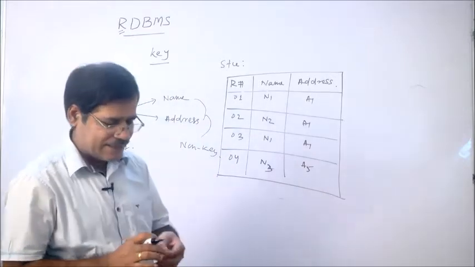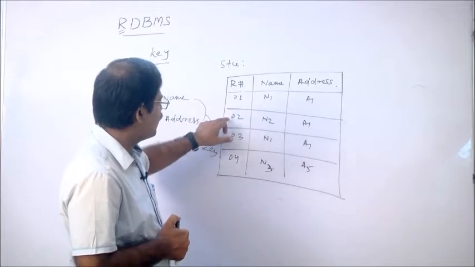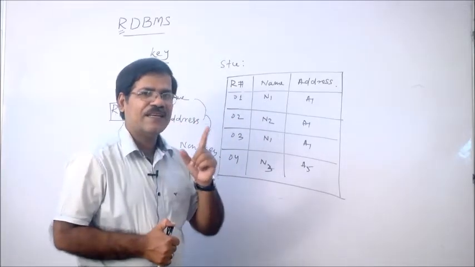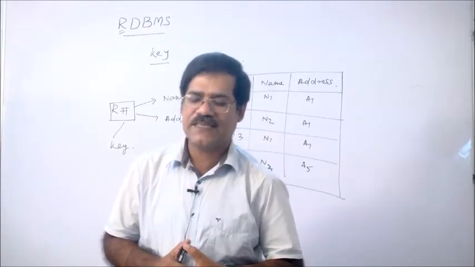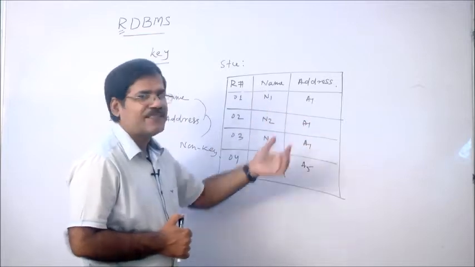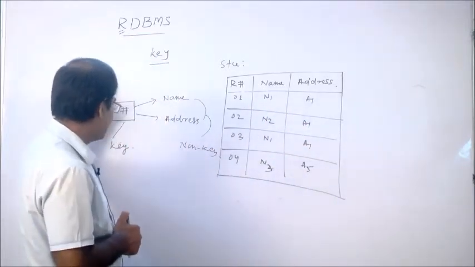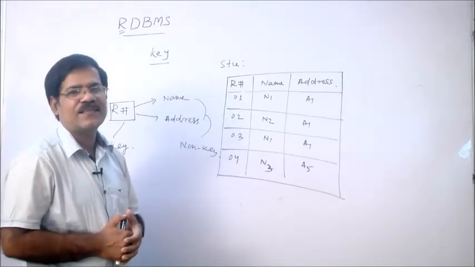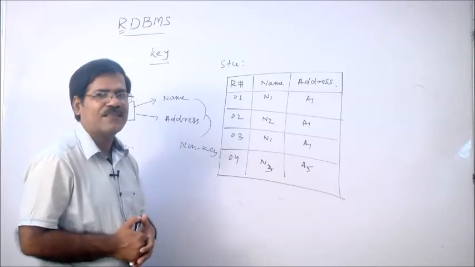Whose value is taken as a key? The value should not be duplicate. Here the roll number value is not duplicate, because each and every student has a unique roll number. But name is duplicate, address is duplicate. So the roll number field is taken as a key. If one field is a key, the other fields must be non-key. So roll number is a key, name and address are non-key.